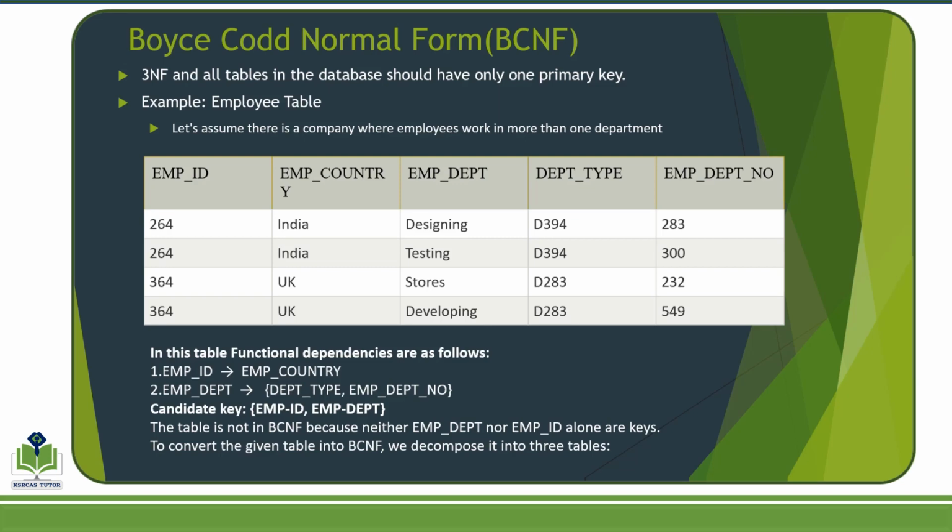So here we have candidate keys, employee ID and employee department. So this table is not in Boyce-Codd normal form because neither employee department nor employee ID alone is the key, whereas here we have two keys, employee ID and employee department. So to convert the given table into BCNF, we have to decompose this existing table into three tables as follows.